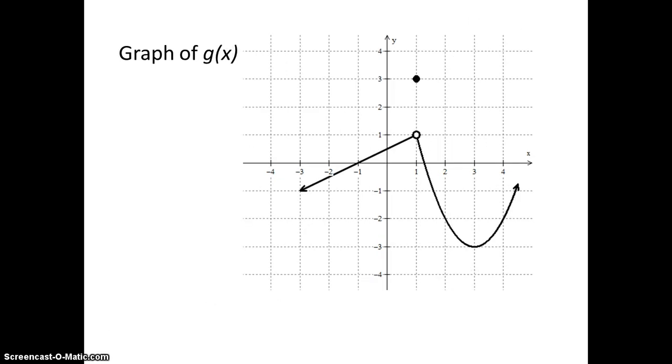Second graph. I have a graph of another piecewise function, g of x. This time we will concern ourselves with the limit as x approaches 1. From the left-hand side, again I see my man traveling on the road, and as I follow his path, as x gets close to 1, his y value approaches 1.